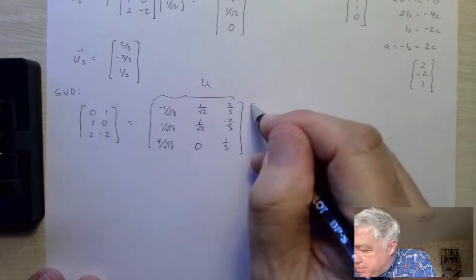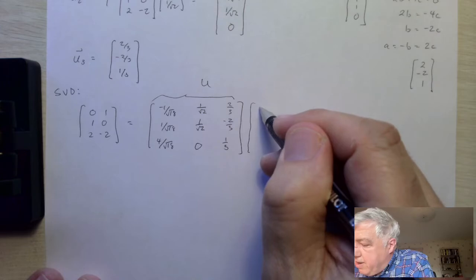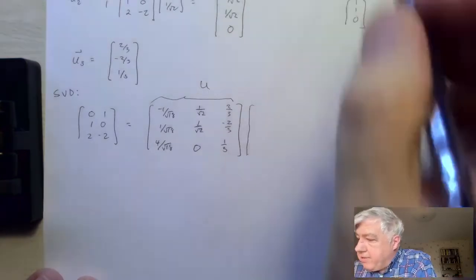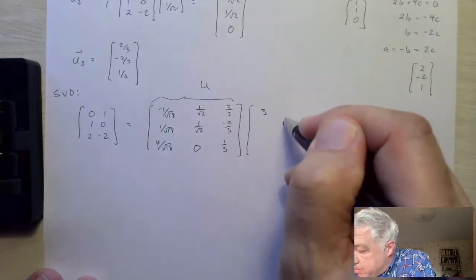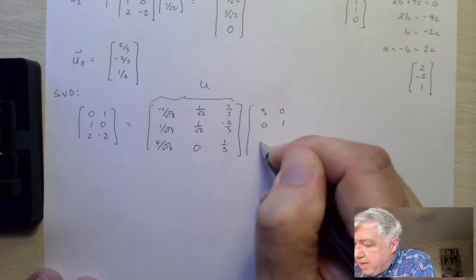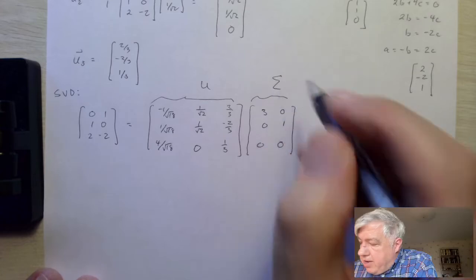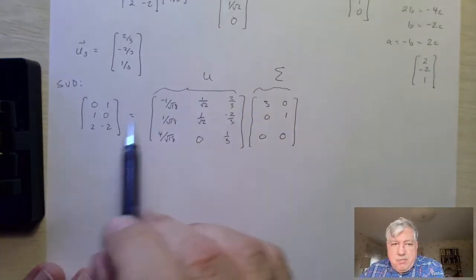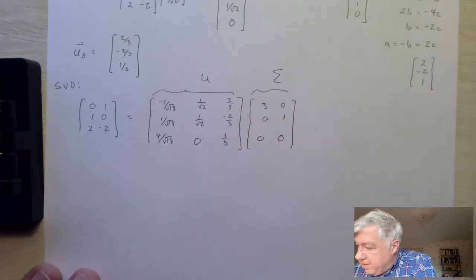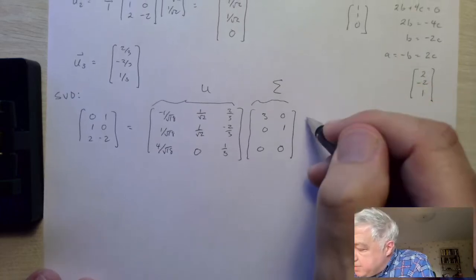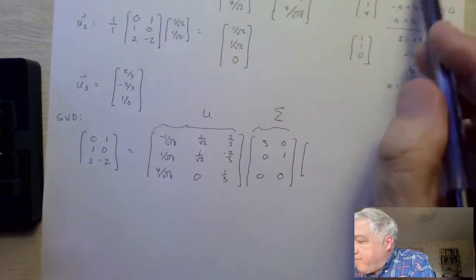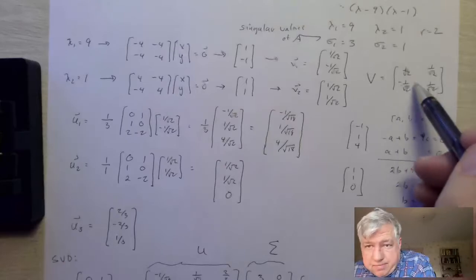Our sigma consists of our values, which are 3 and 1. Then we have to add another row, because in general the dimensions of sigma are going to be the same as the dimensions of A. And then V transpose is the transpose of this vector.